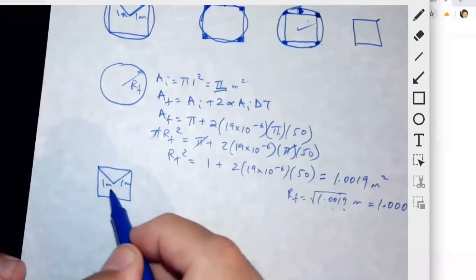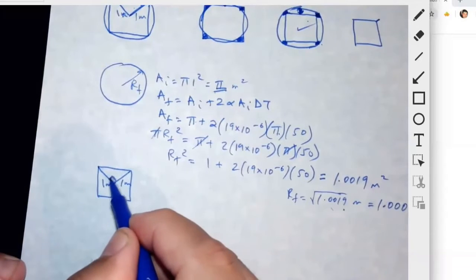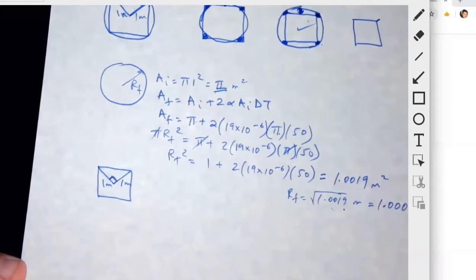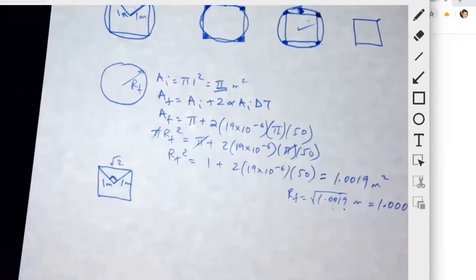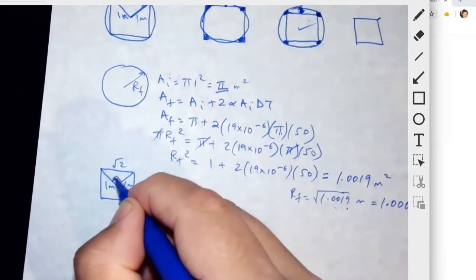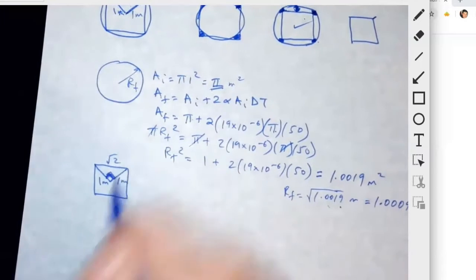Or is this a 90-degree angle? Yeah, it's a square, right? I got square root of 2 then, actually. So then square root of 2, right? Okay, I was getting a brain fart there. So this is a 90-degree angle because it's a square. Okay, 1, 1, square root of 2.